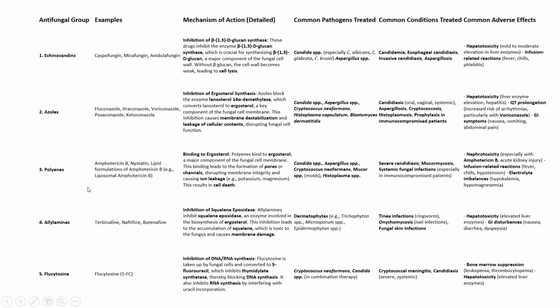Side effects: the main ones are nephrotoxicity, infusion-related reactions, and also electrolyte imbalances. There are different formulations of amphotericin B, like lipid formulation and conventional formulation, which we'll discuss later. And nystatin is there.